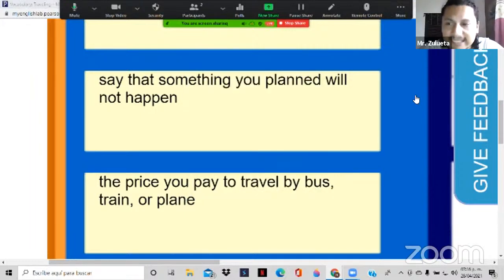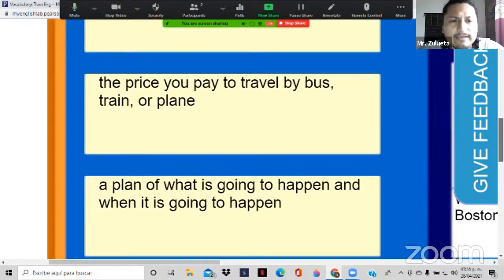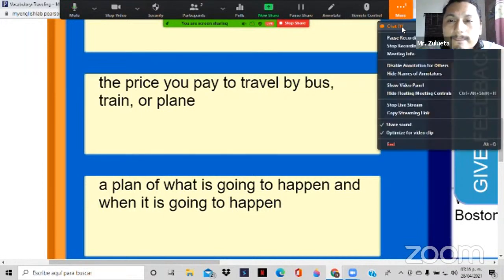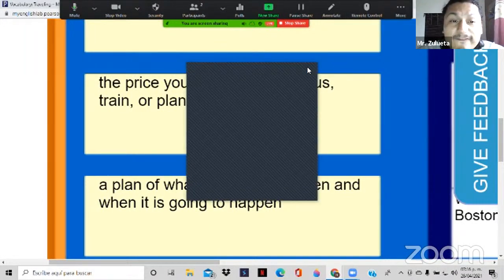Cancel, yes, cancel, good. Then number 3, the price you pay to travel by bus, train, or plane. Can you type it? Yes, fare.